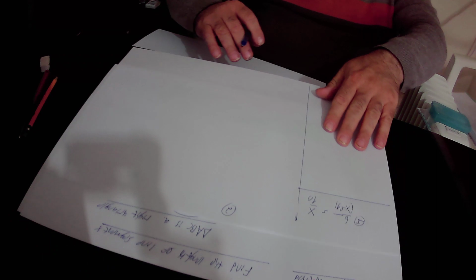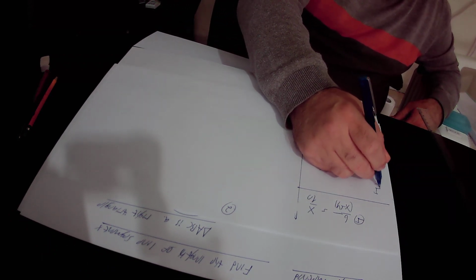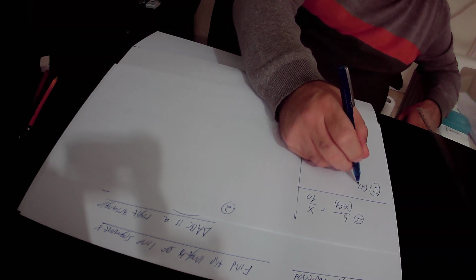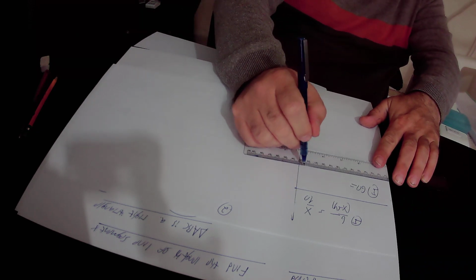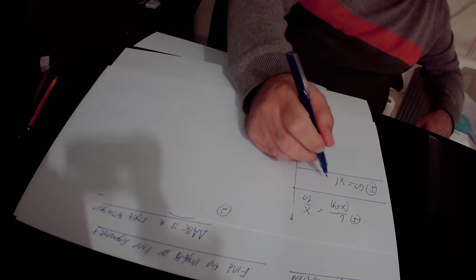So here we'll cross multiply equation number 1, and we will get that according to equation number 1, 6 times 10 is 60, and it is equal to x times x plus y.